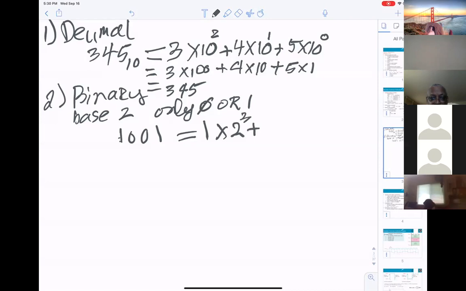And now you add the last one here, 1 times 2 to what power? 0. Then 0. And now you can say 2 power 3 equals what? That means 2 times 2 times 2, right?